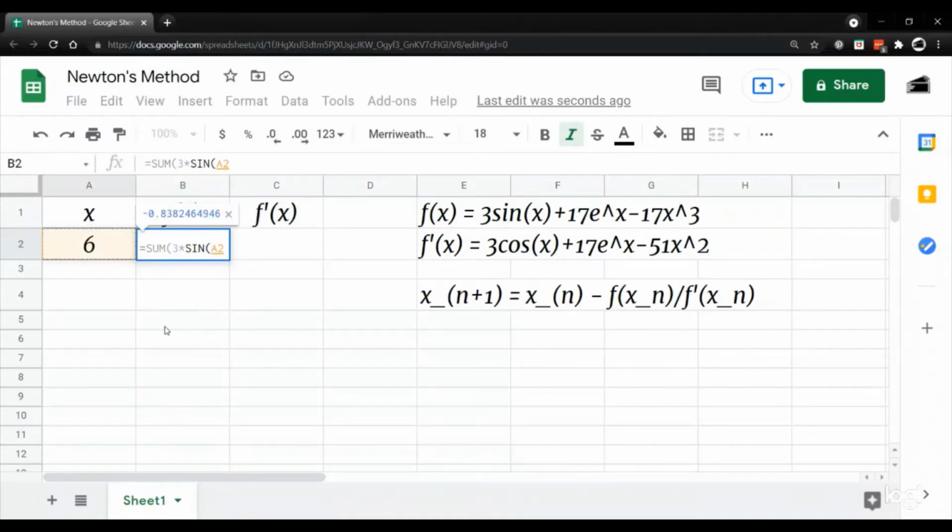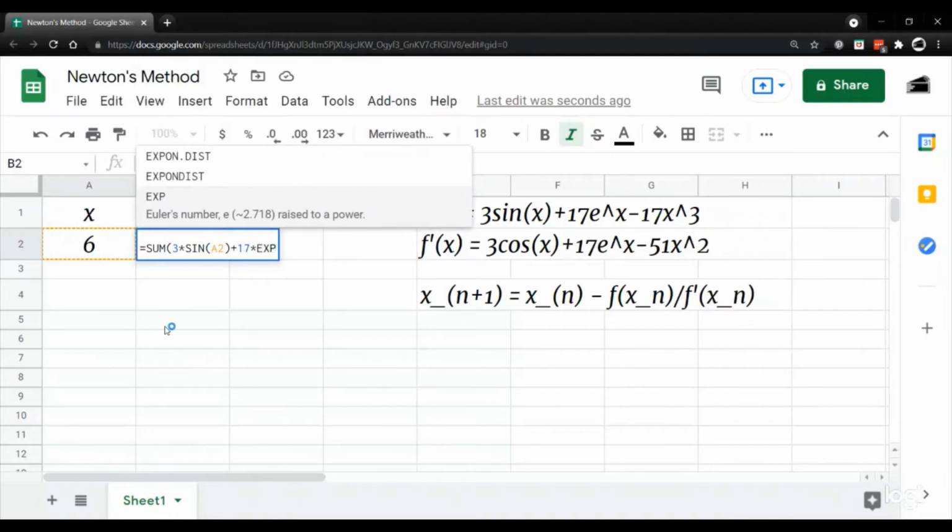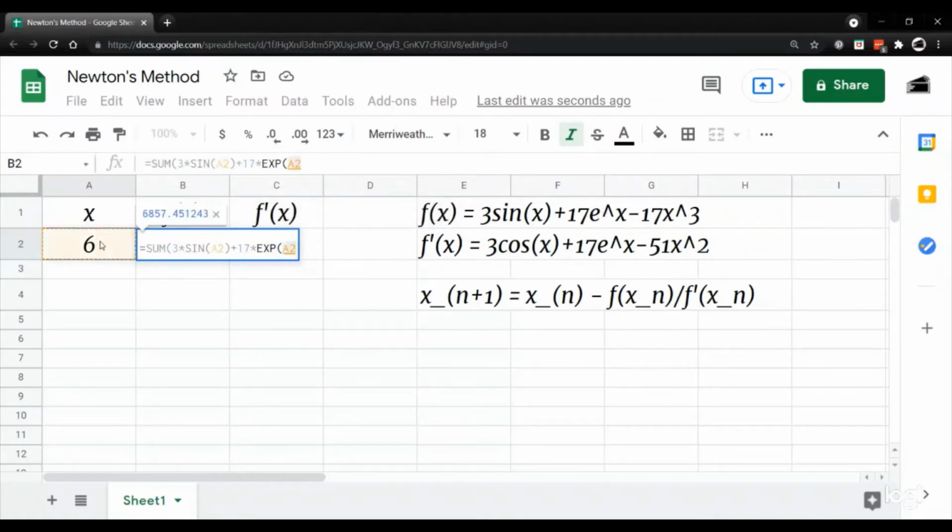So that's sine of whatever our current x value is, close parenthesis. Then plus 17 times, now we can't just do e raised to something. This is going to be exp, Euler's number raised to a power. So this is how we would write e to the something. So exp of x, the column to the right.